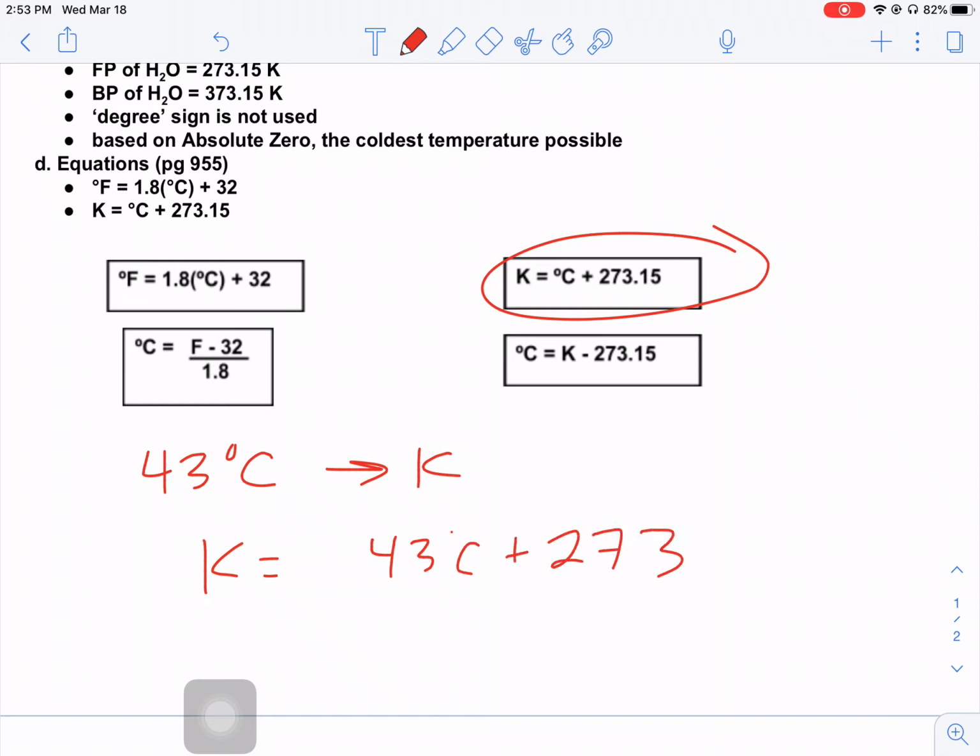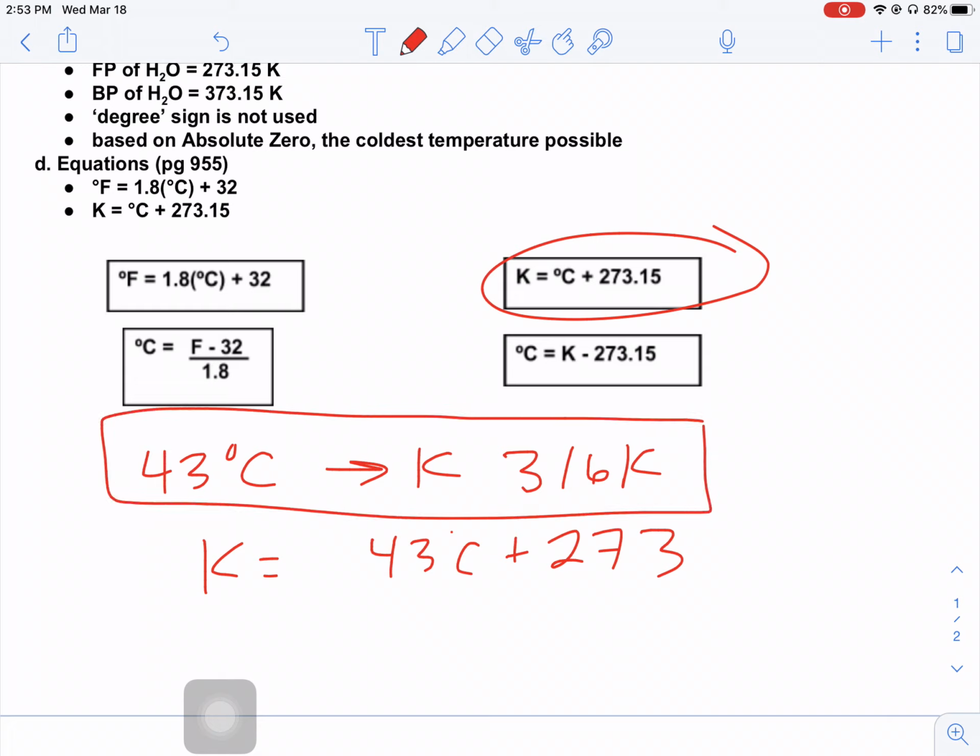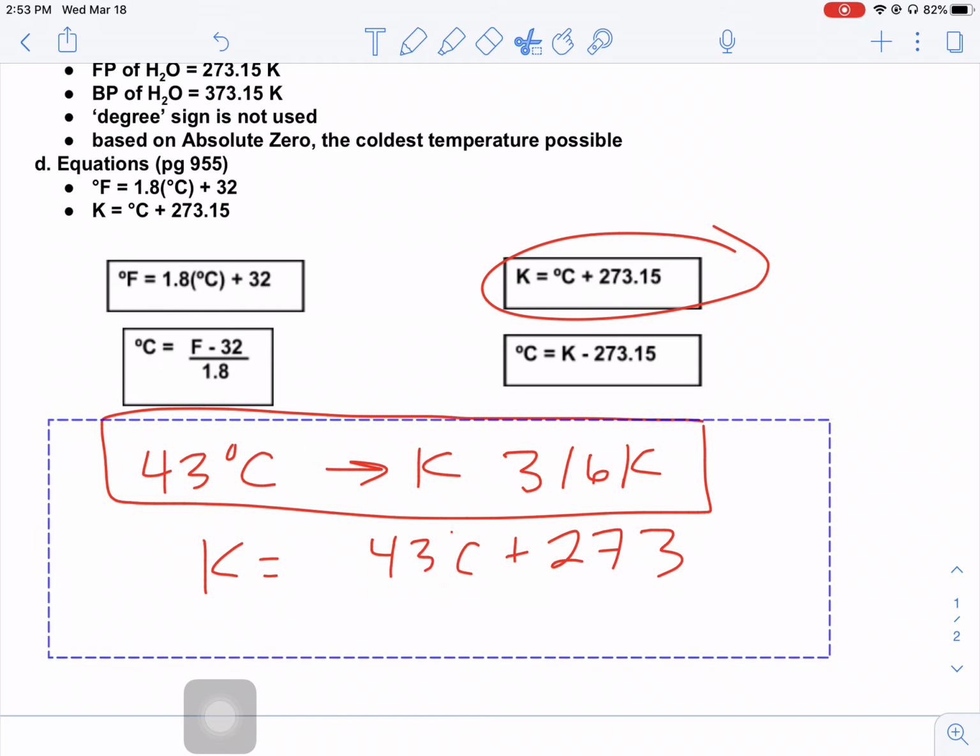I'm just going to leave the 0.15 off for right now. So 43 plus 273 gives me an answer of 316 Kelvin. Note that when we do Kelvin, we don't actually include the degree symbol. So 43 degrees Celsius is equal to 316 Kelvin.